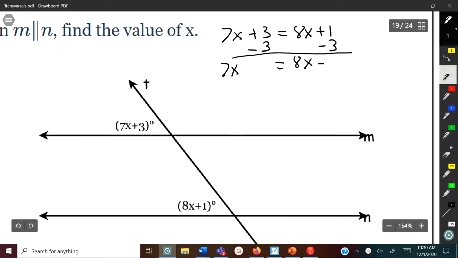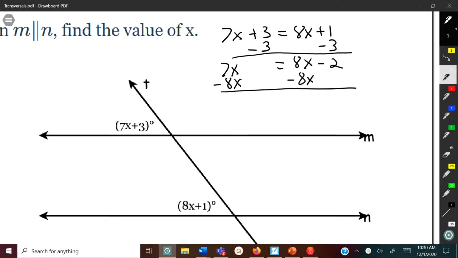Leave it negative. Then I'm going to subtract 8x on both sides, moving the variable over here. This will cancel out to be 0. I'm going to bring down the negative 2.